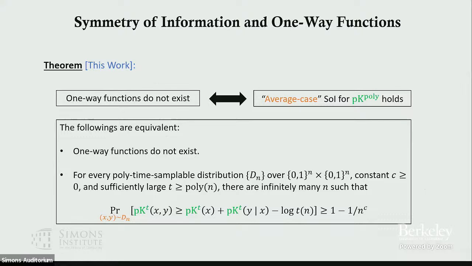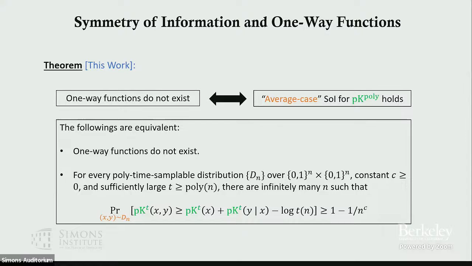So average case symmetry of information for PKT means: for every polynomial time samplable distribution D over 2n bits, and for every sufficiently large T greater than some polynomial, there are infinitely many n such that with high probability over a pair of strings X and Y, symmetry of information holds for X and Y with respect to PKT.